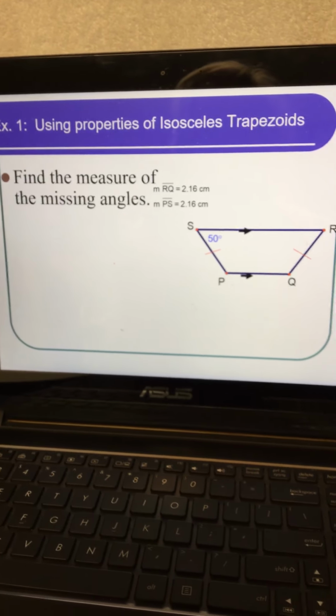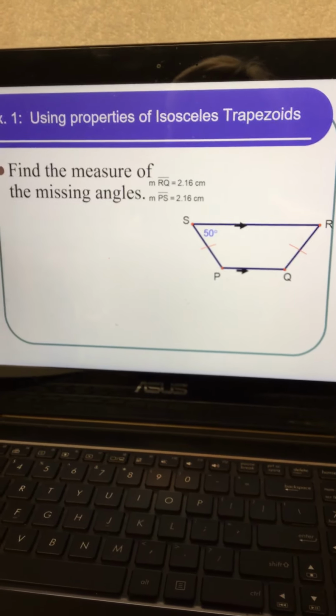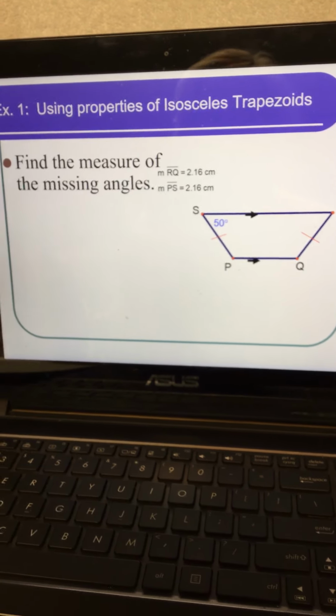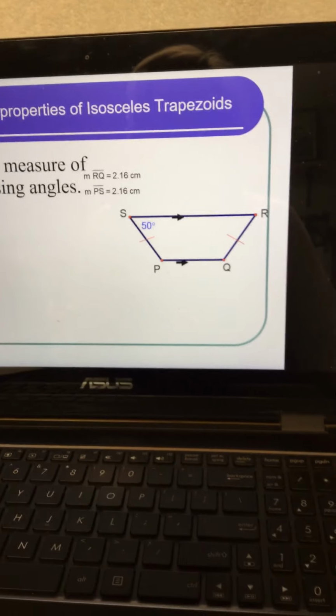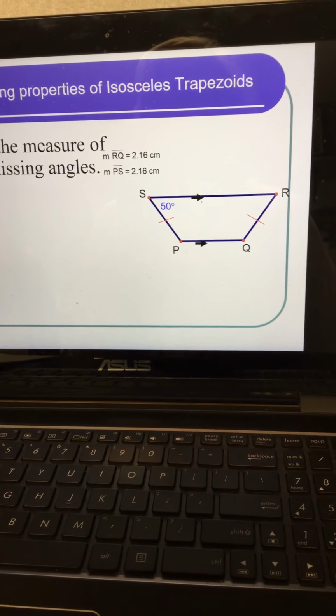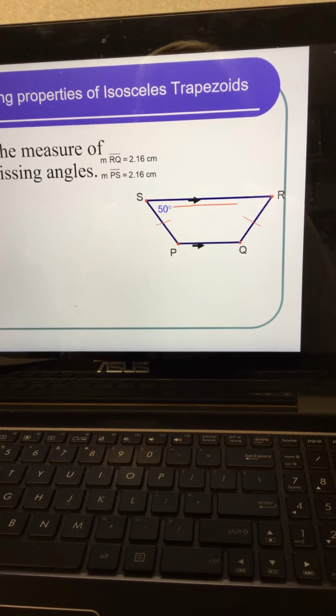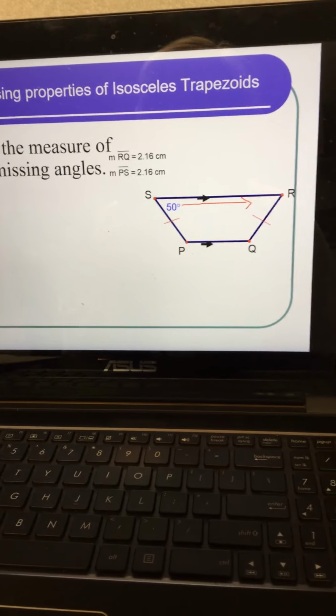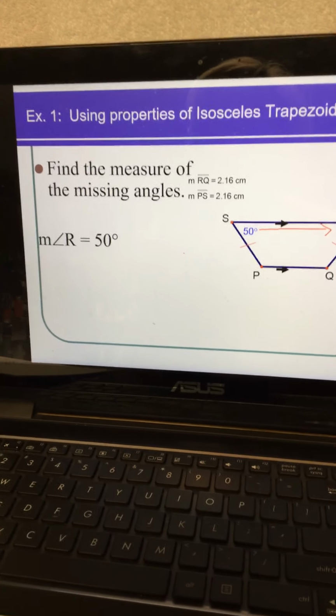It says using the properties of the isosceles trapezoid. So they are giving me that the measure of angle S is 50. And they are asking me to find the measure of the remaining angles. Here's that arrow pointing to R. So R would have to be 50.